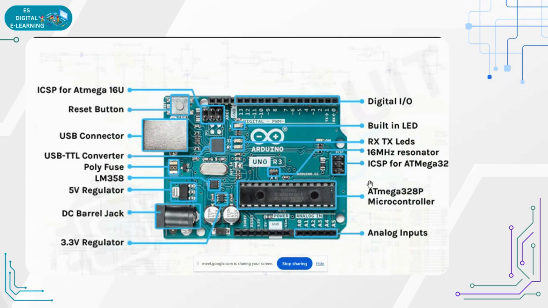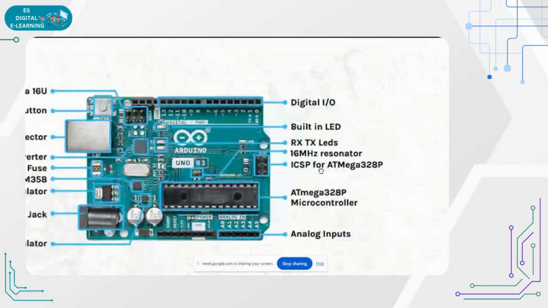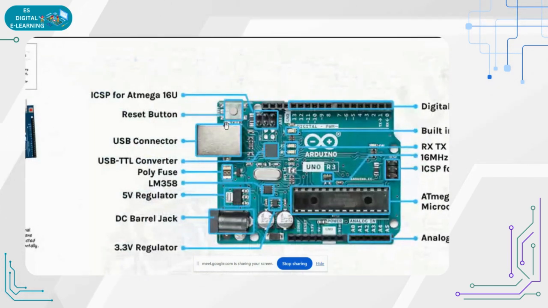Similar to that, we have the Atmel microcontroller, where the processor and other interfaces are inside it. And we have the TX and RX. Whenever you are sending or receiving data, LEDs will glow. And you have the reset button to reset the application.